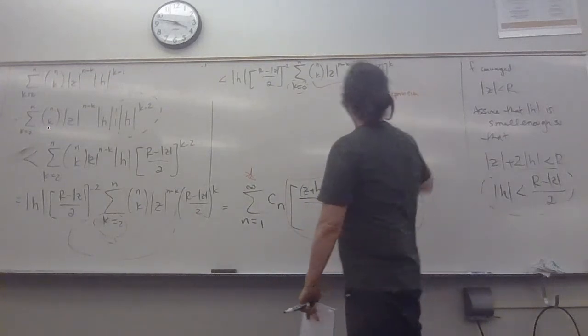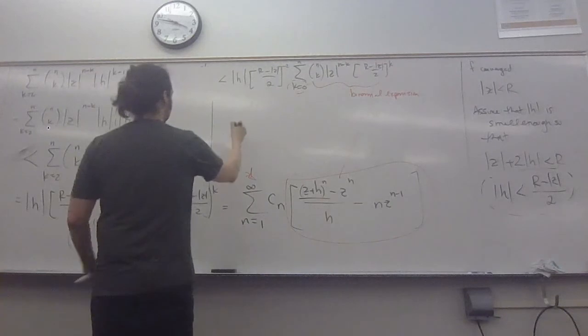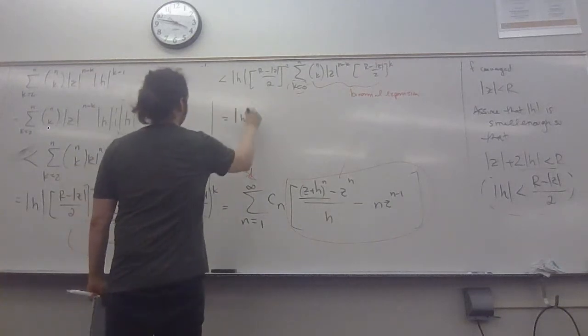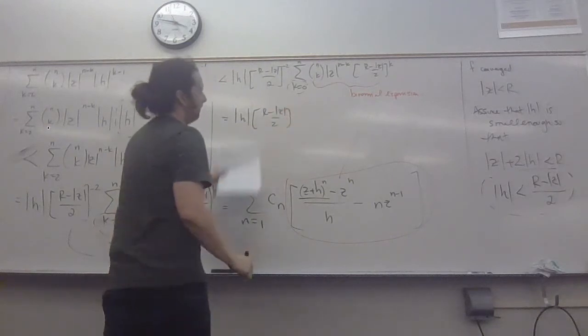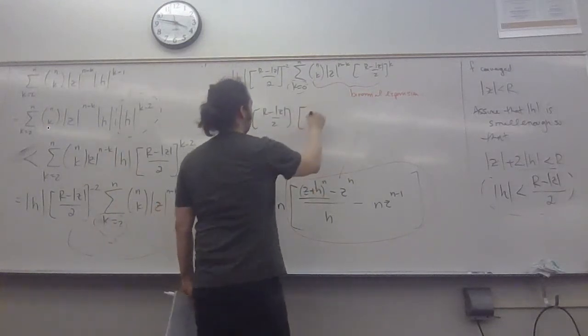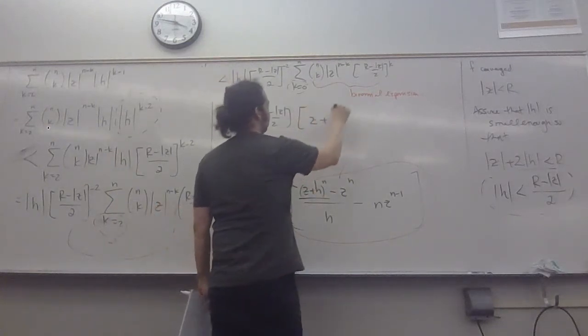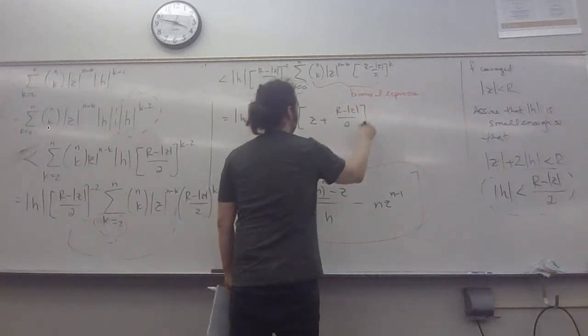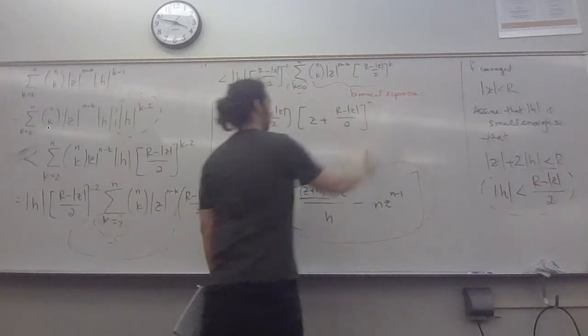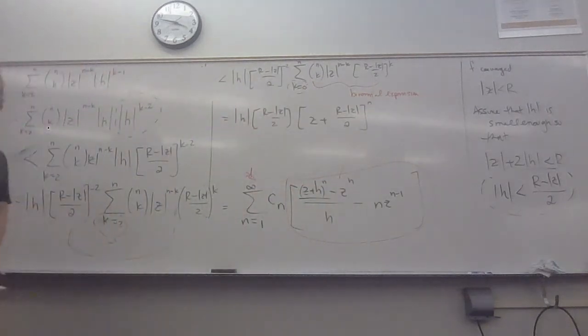And it's a binomial expansion of this. R minus modulus of z squared. Okay, what happens here? This is z plus r minus modulus of z over 2 to the n. So I unbinomialed it.